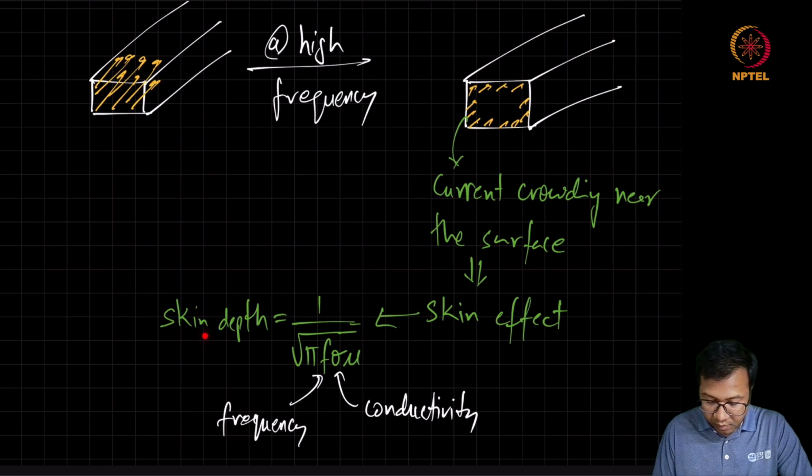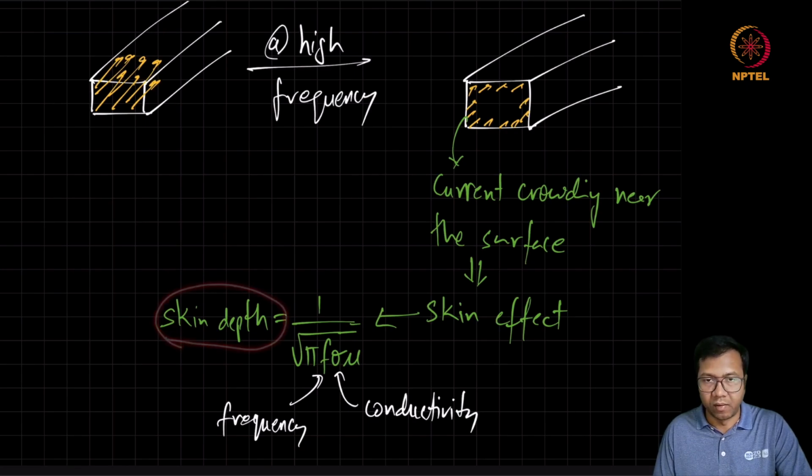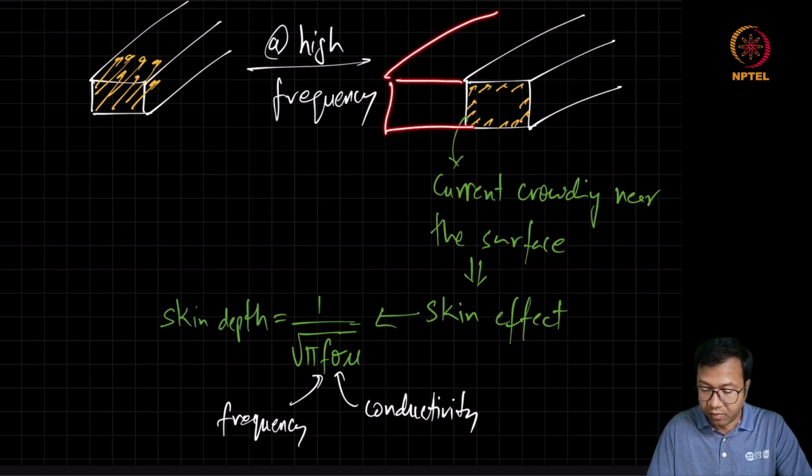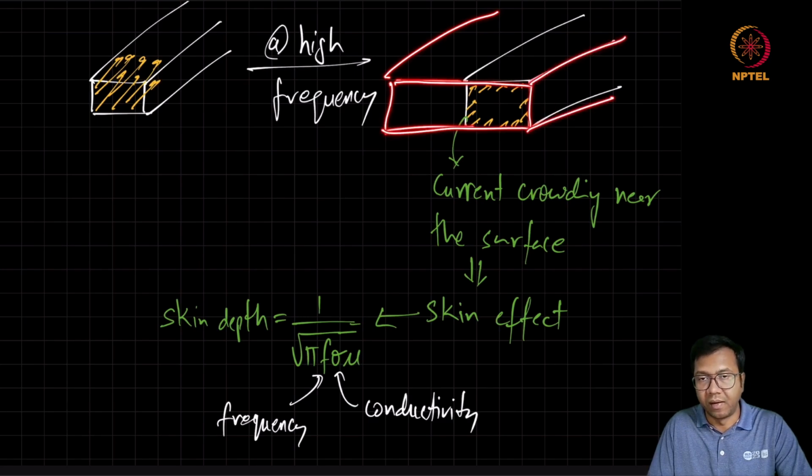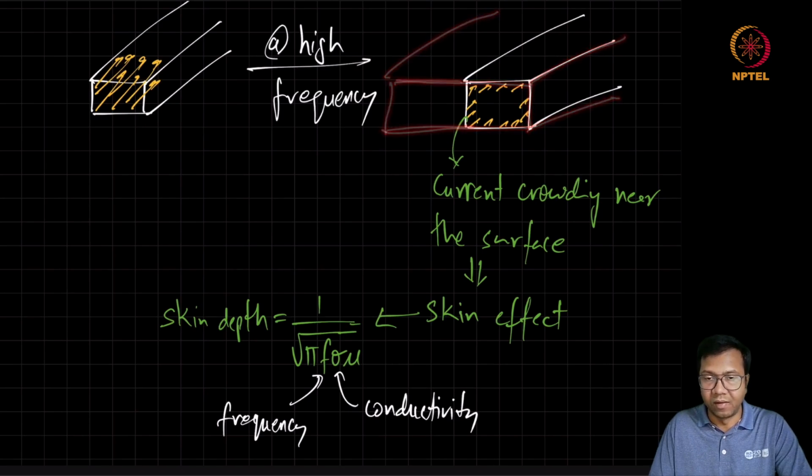The skin effect is important for our discussion because at frequencies close to gigahertz and for a given conductivity of, let's say, copper, the skin depth will be of the order of a few microns. In such a scenario, if we are using very wide metal so as to reduce the overall resistance, it will turn out that all the current is going to be crowded near the surface, and the increase in this skin resistance is going to increase the loss and reduce the quality factor.